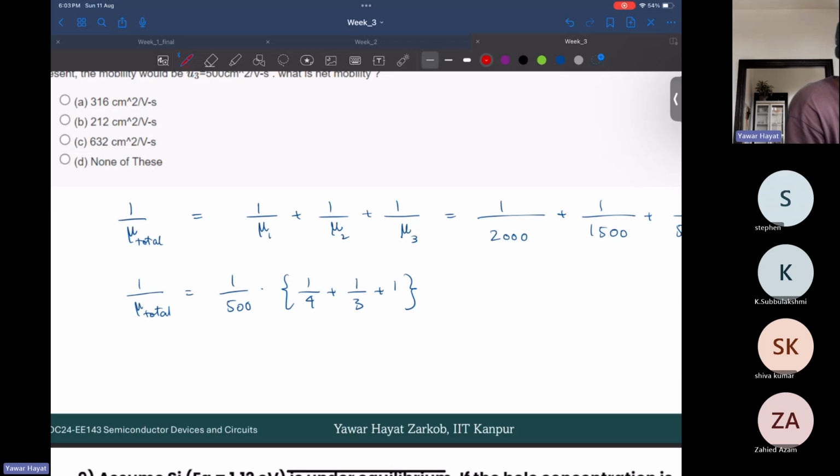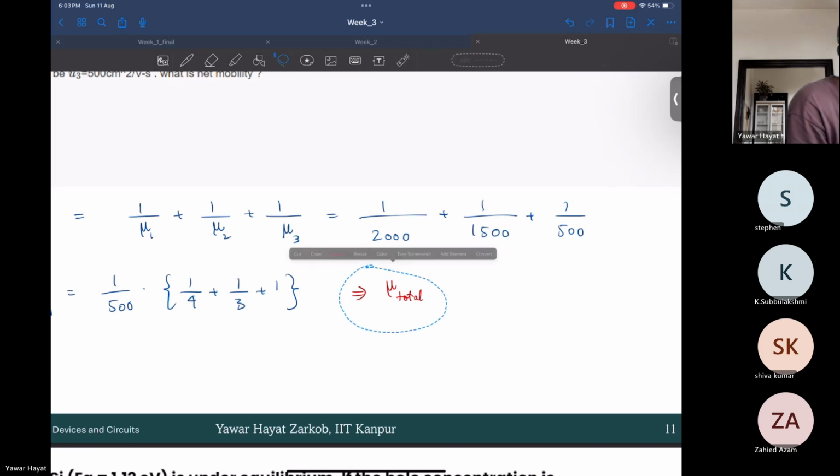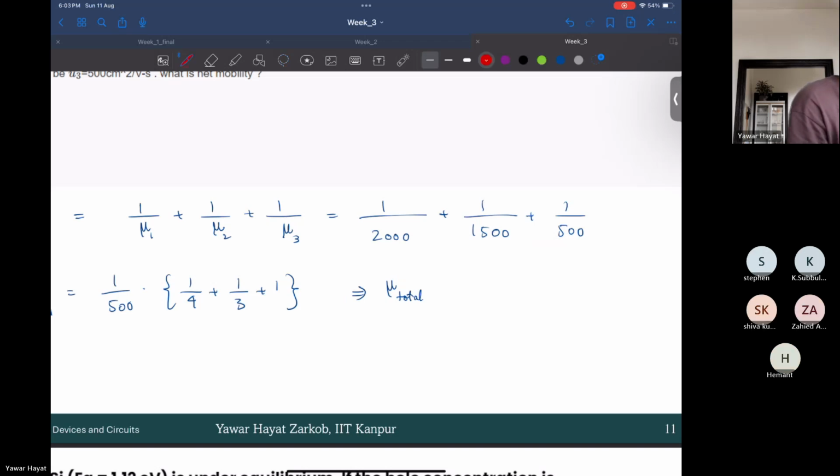So this implies that your 1 by mu total is given by 1 by 500 multiplied by 19 over 12, right? 4 3s are 12 and 3 plus 4 is 7.